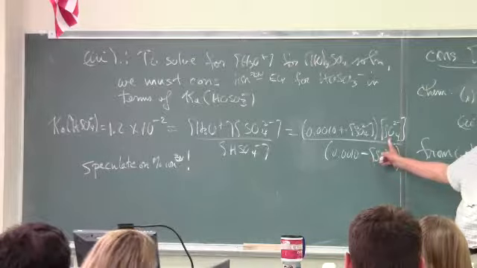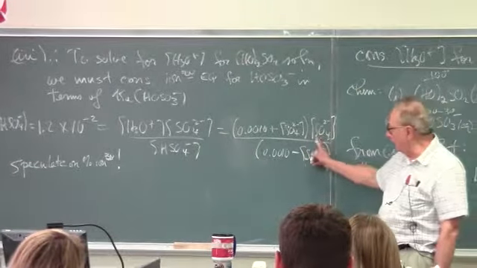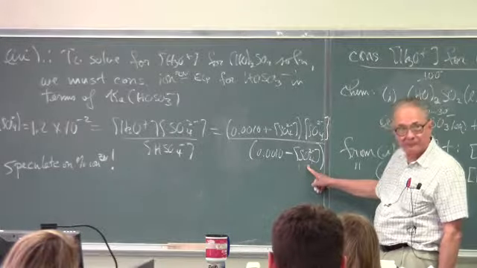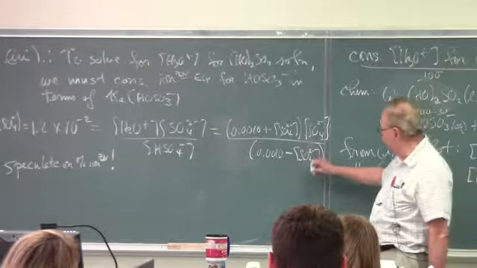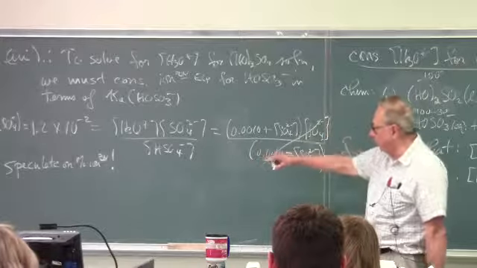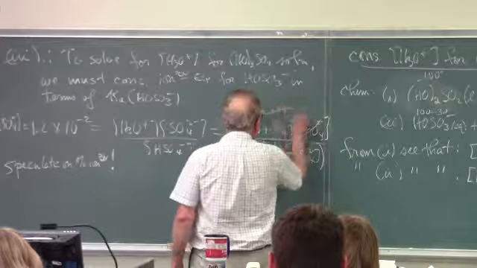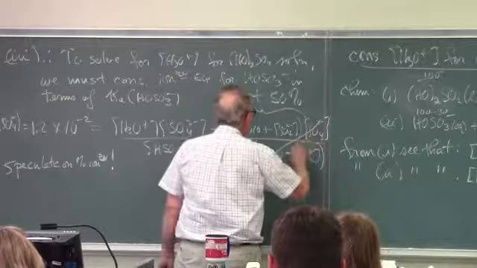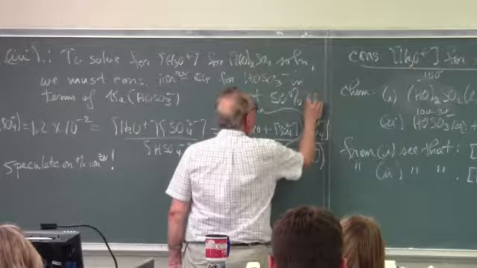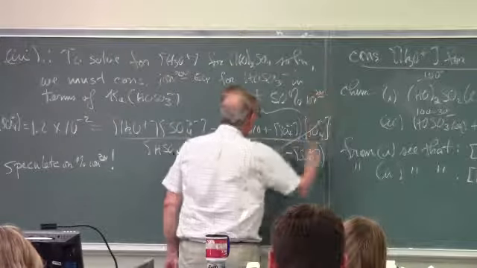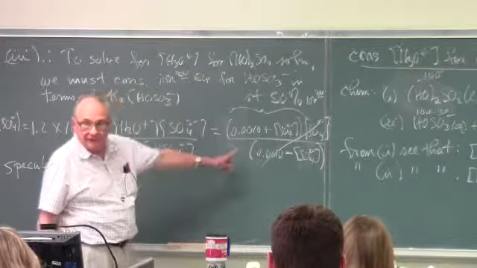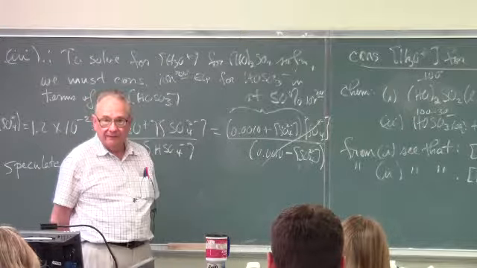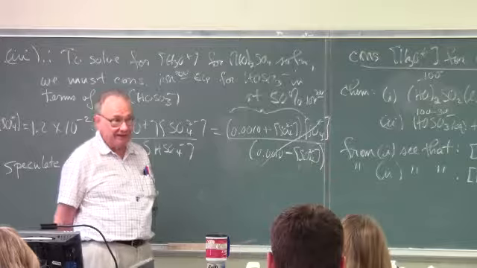At 50% ionization, this is half of M sub I. Right? So at 50% ionization, let's write this up here. This term is M sub I plus half of M sub I. Hey, that's pretty easy.